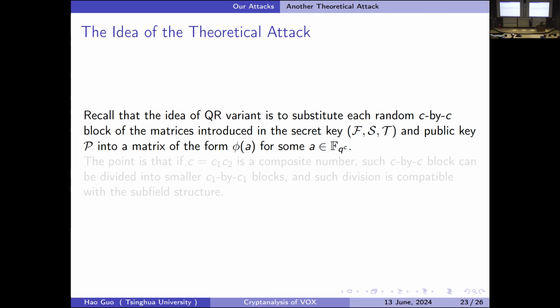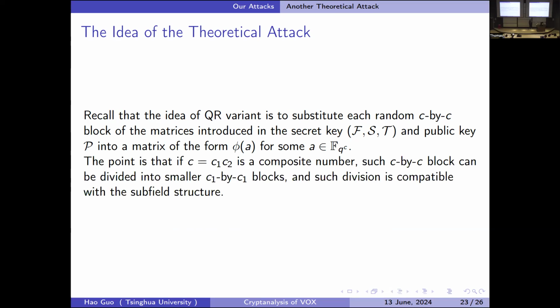She says that if we have the QR variant, which means to substitute each C by C matrix into a special form to compress the size of the public key, and she found that if we have C equals C1 times C2, which is a composite number, then such C by C block can be divided into small blocks, and there is a transform that is compatible with such division and subfield structure.